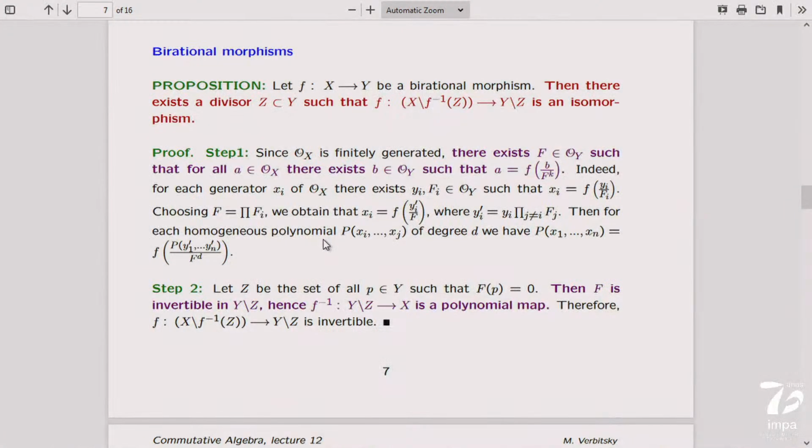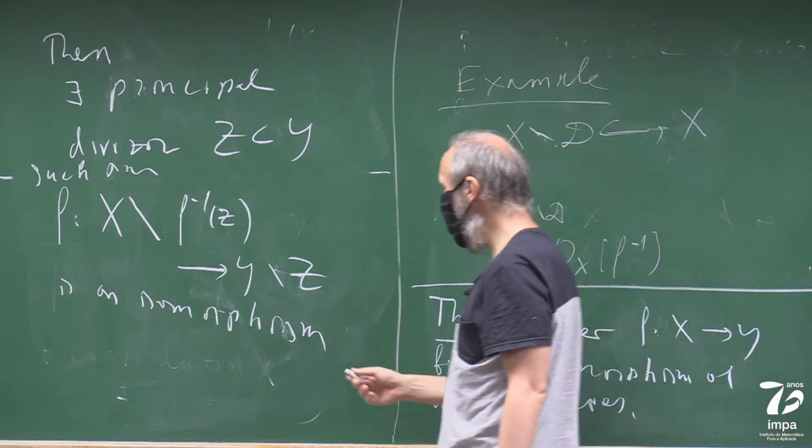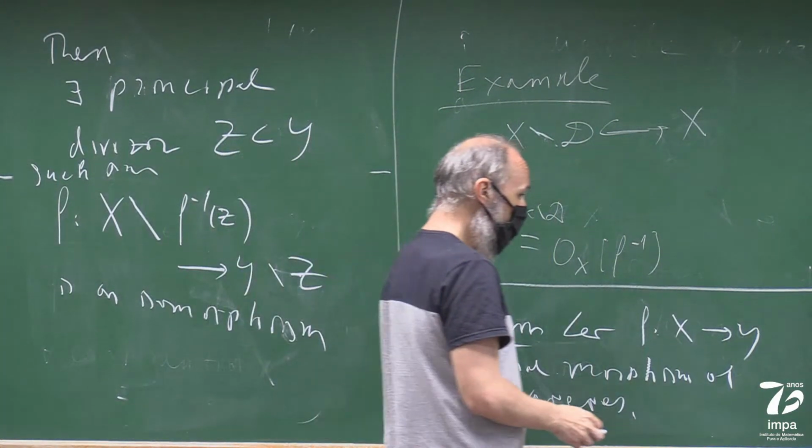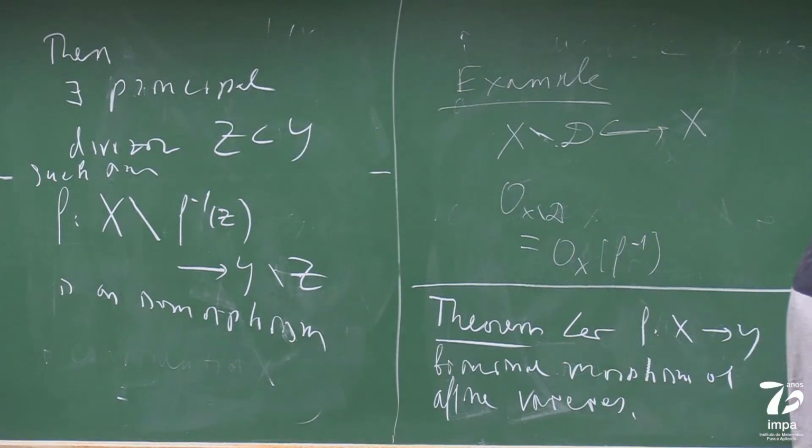So the ring O(X) is finitely generated. The map from O(Y) to O(X) is already injective. If it were surjective, we would be done.